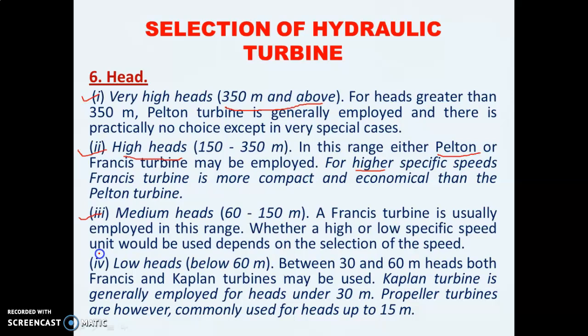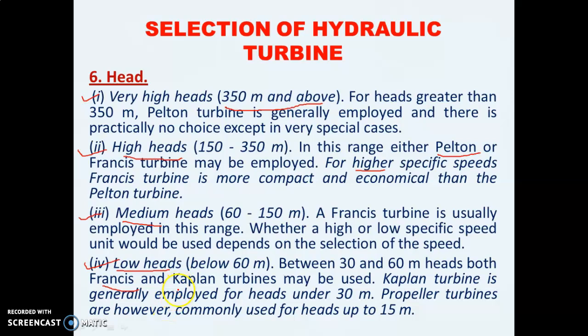Now for low heads, that is below 60 meters, between 30 and 60 meter heads, both Francis and Kaplan turbine can be used. So we can see Francis turbine can be used for high heads, for medium heads, and also for low heads.